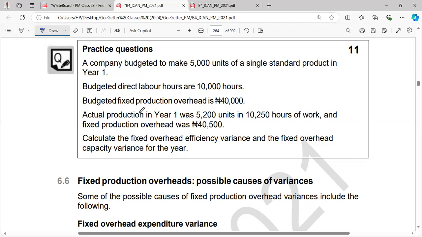In year one, actual production is 5,200. They worked 10,250 hours. The fixed production overhead was 40,500. Now we are asked to calculate the fixed overhead efficiency and fixed overhead capacity variance. So now let's see how it is being done here.